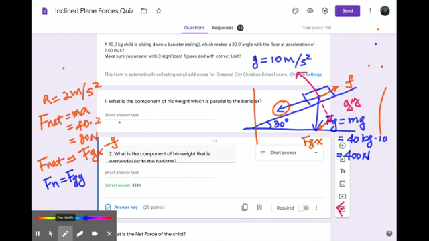Now, let's answer this question. What is the component of his weight which is parallel to the banister? So, his weight is just 400 Newton.